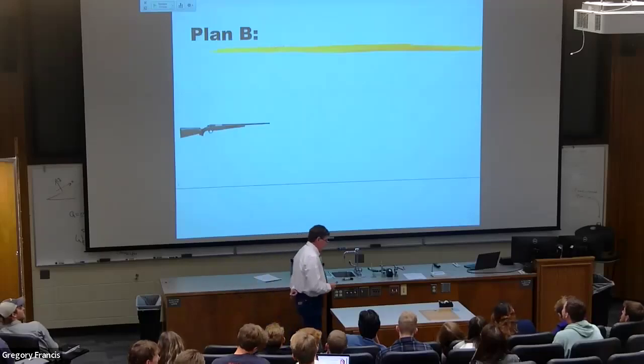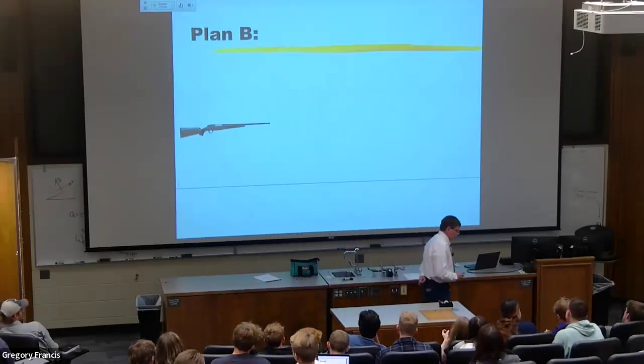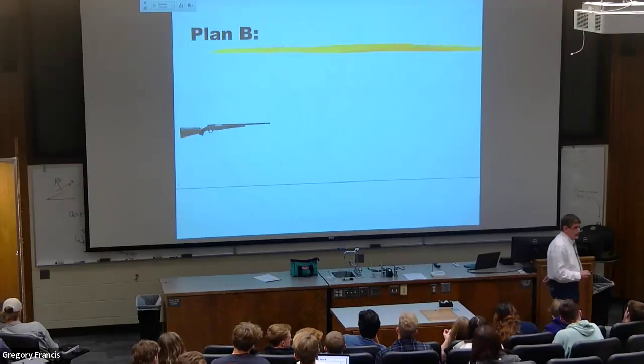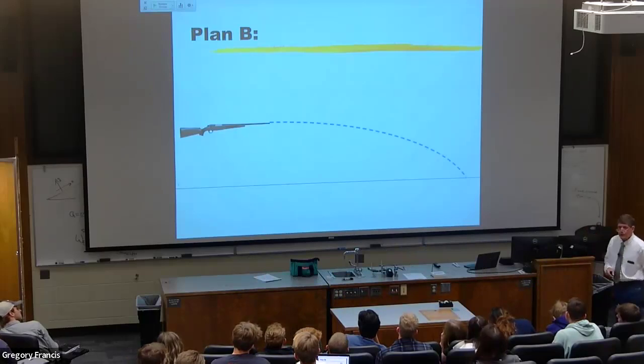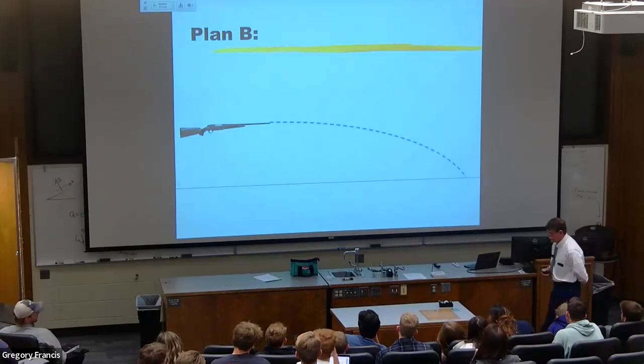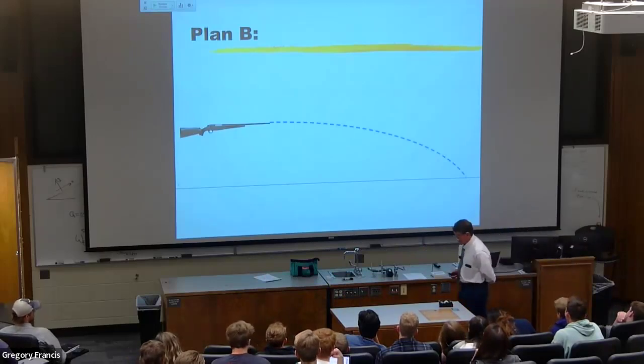One technique we could use goes way back to the beginning of the course. We know that if you fire a bullet in a horizontal fashion, it's going to travel in this parabolic path. And we can use the kinematic equations to describe that path.